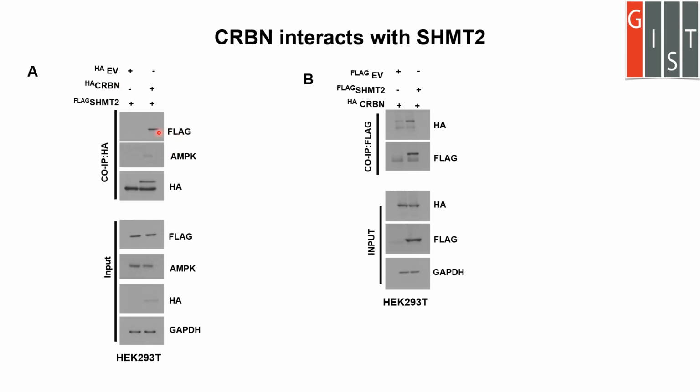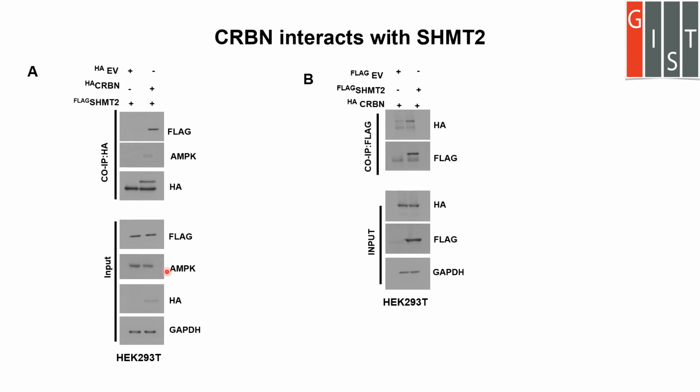As seen here, clearly CRBN interacted with SHMT2. Also, to confirm this result, I used AMPK, which is well known to interact with CRBN, and AMPK also confirmed this binding.